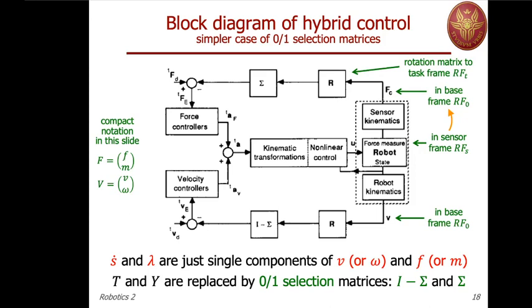So we rotate the velocity in the task frame by the same matrix R. We select complementary, so where there's a 1, there's a 0, and vice versa, from the diagonal identity matrix.